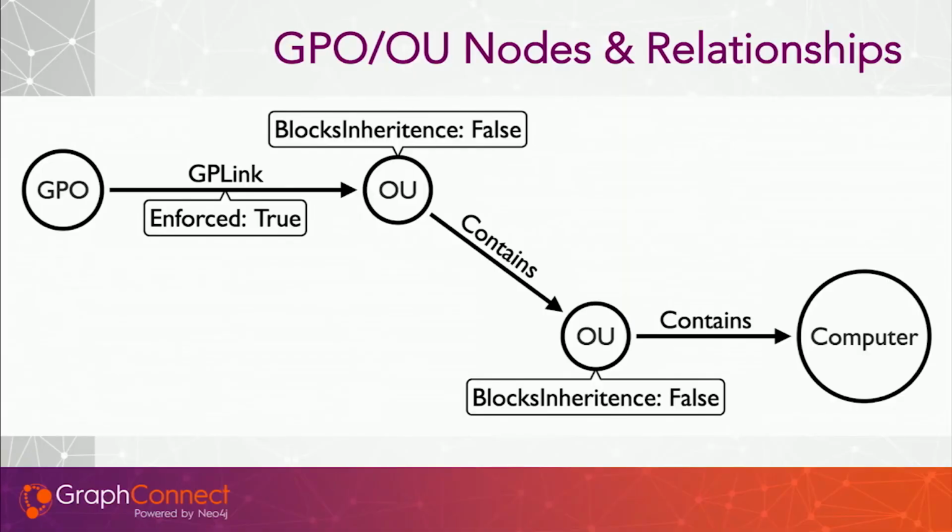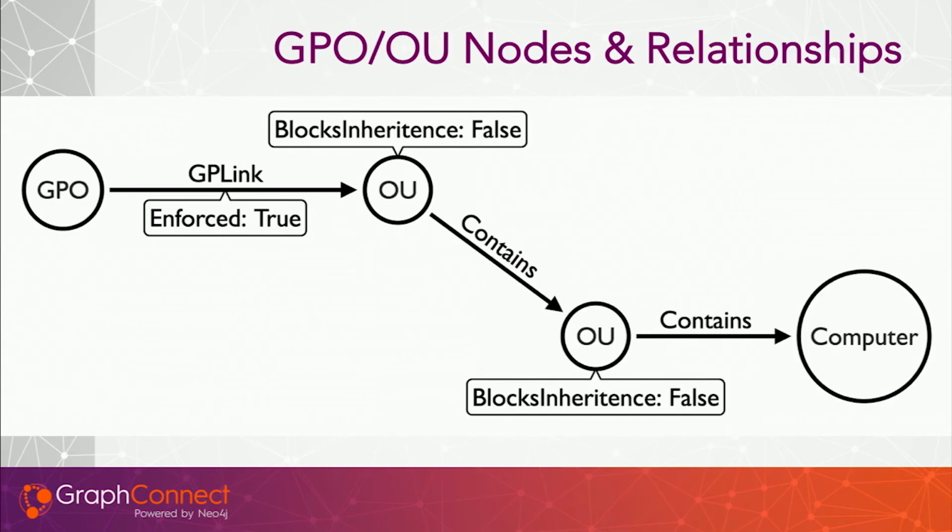So just looking at the edges and the nodes, you can see that there's a GPO node on the very far left, and it has a GP link edge to this OU. And it has a property on that edge called enforced, which is Boolean, true or false, which means if that edge is true, then the rest of the path, it doesn't matter the properties on any other nodes. That's going to force its way the rest of the path.